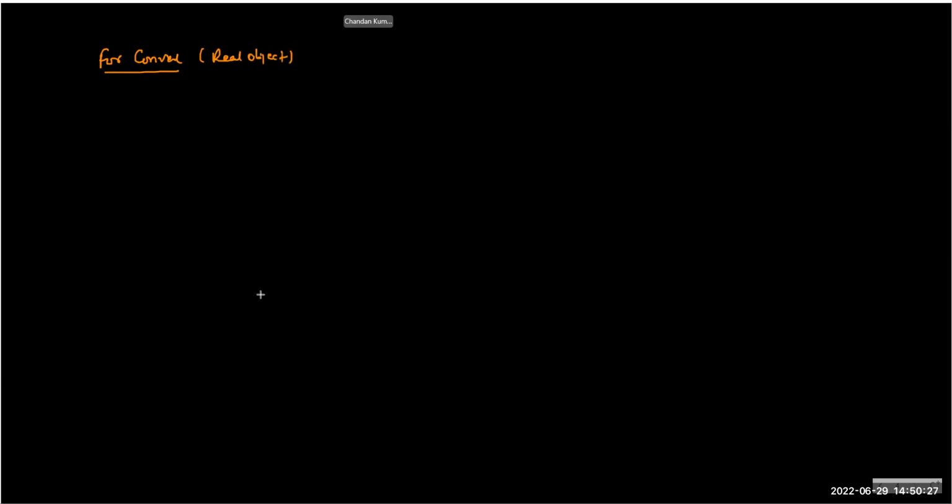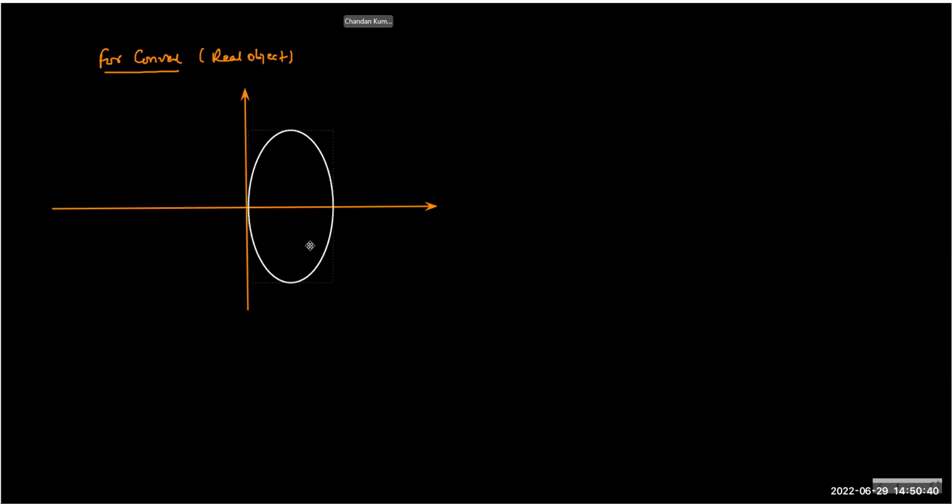So for convex, if you plot for the real object, I'll plot the actual one first. So in case of convex, as long as the object is real, it will be on the left side for sure.